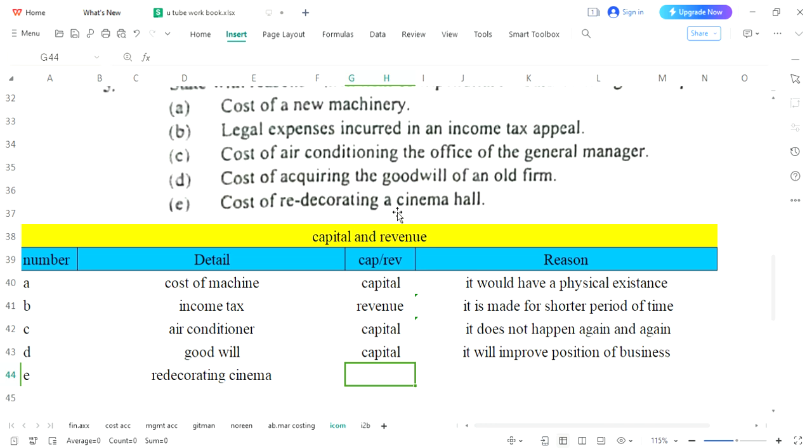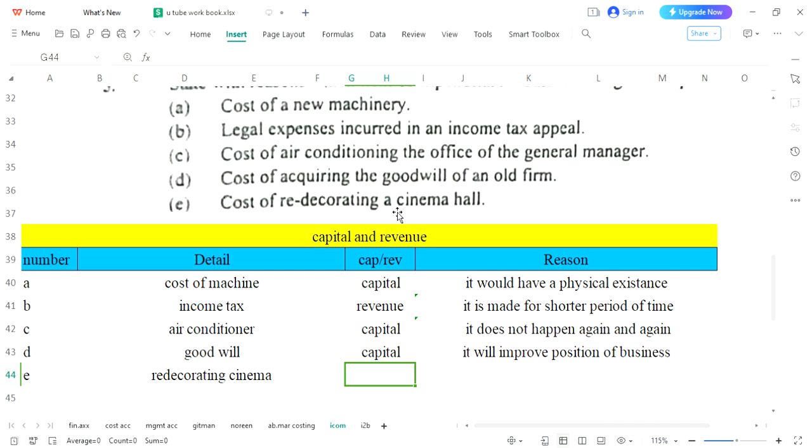Ambience is a word used for the environment. If the cinema environment is dirty, your business will flop. So normally a cinema will be decorated frequently, within 6 months, 8 months, or within a year. You will have to decorate your cinema again and again. Let's say seats are deteriorated, that means seats are not in a comfortable position, you will have to replace them. If walls and paints are damaged, you will have to repaint.